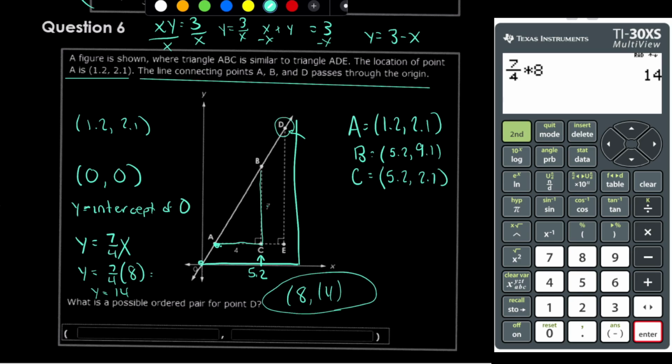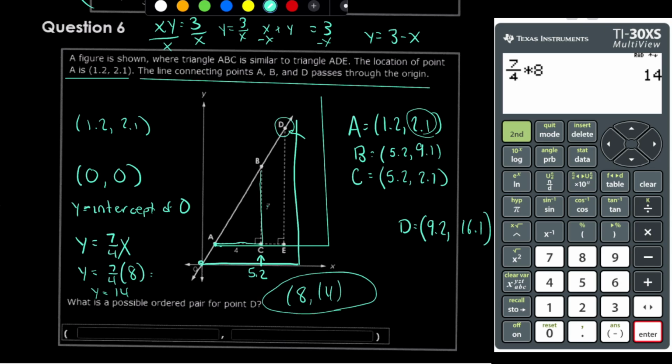Okay? You could start at A, go 4 more. That would give you 1.2 plus 8 would be 9.2. And then go up 14. So going from your starting point of 2.1, that would be 16.1.